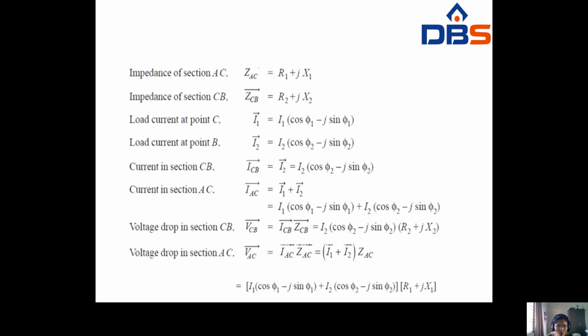Similarly, voltage drop in section AC, VAC bar equals IAC bar into ZAC bar. IAC bar is I1 bar plus I2 bar, and ZAC is R1 plus jX1. So we write I1 cos phi 1 minus j sin phi 1 plus I2 cos phi 2 minus j sin phi 2, times R1 plus jX1.